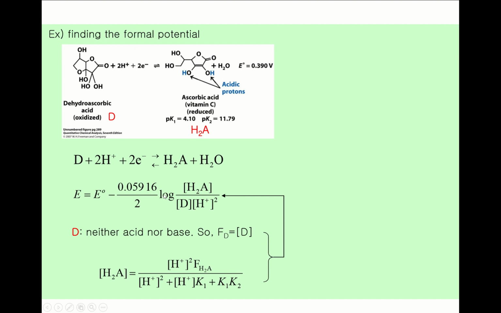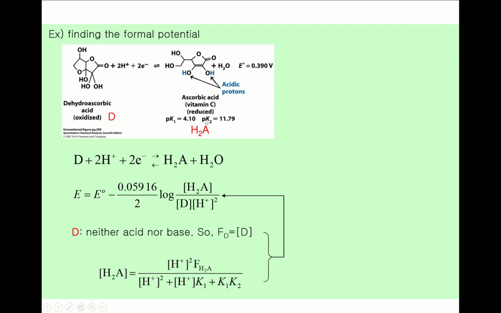The first thing we have to do is write the Nernst equation. It can be rewritten in this simple form: T plus 2H plus plus 2e minus equals H2A plus H2O.